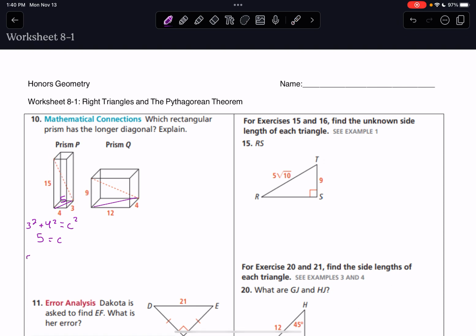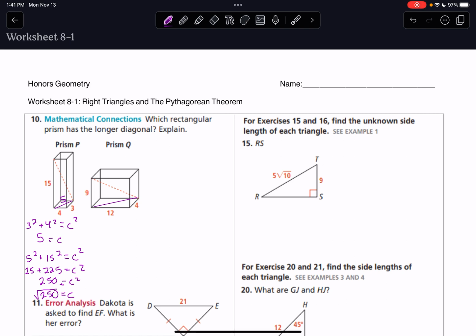So 5 squared plus 15 squared equals this c squared, this hypotenuse squared. So that's 25 plus 225 equals c squared, which is going to give me 250 is c squared, which means the square root of 250 is equal to the diagonal of prism P.